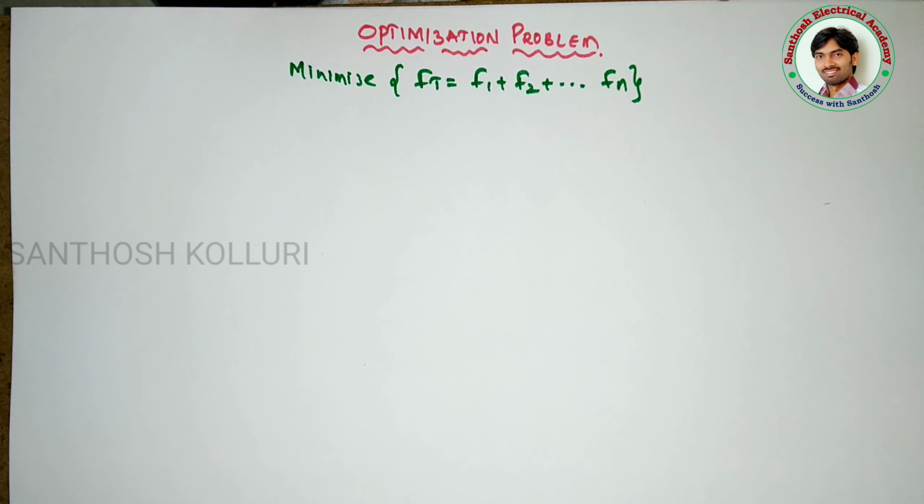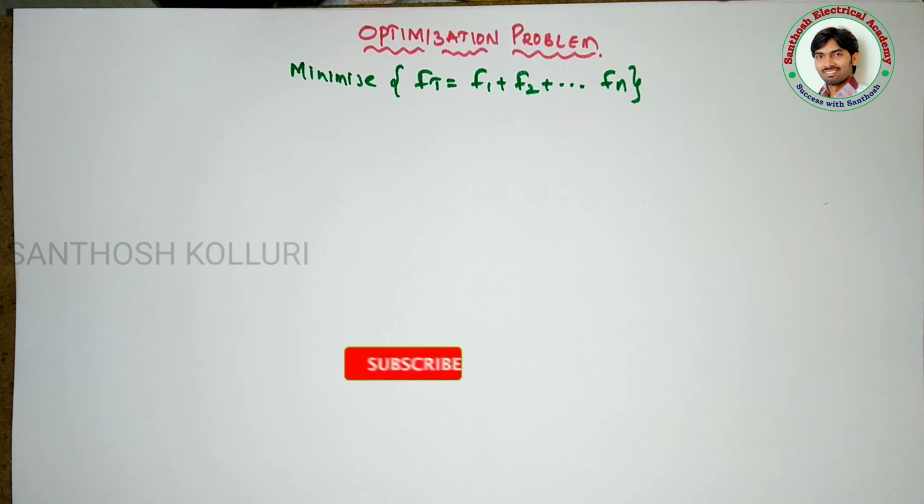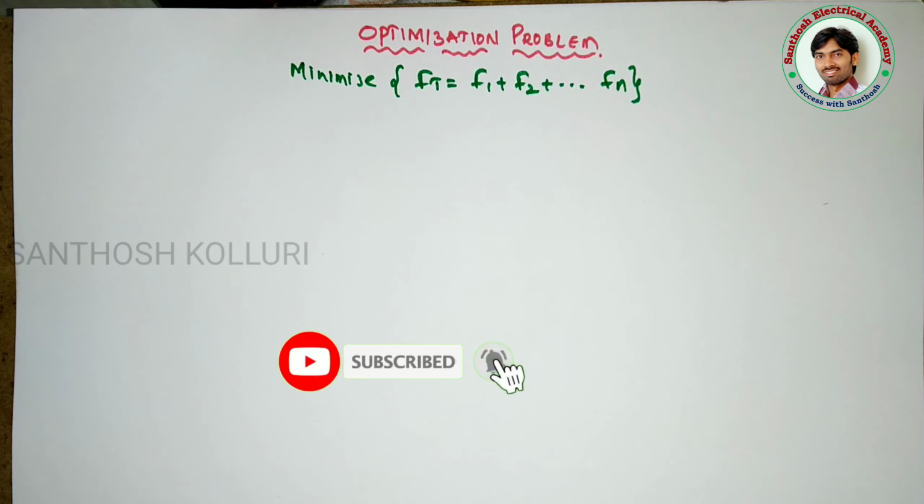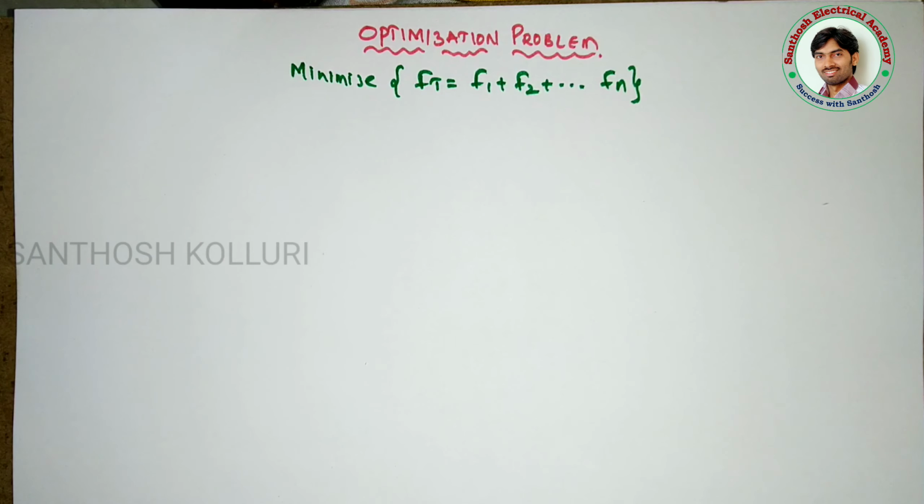If the solution vector does not satisfy even a single constraint, then it is called an invalid solution vector. So your solution vector should give the minimum possible values for a minimization problem, or the maximum possible values for your objective function for a maximization problem.